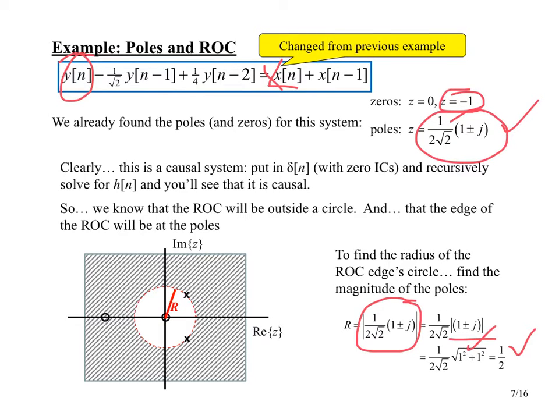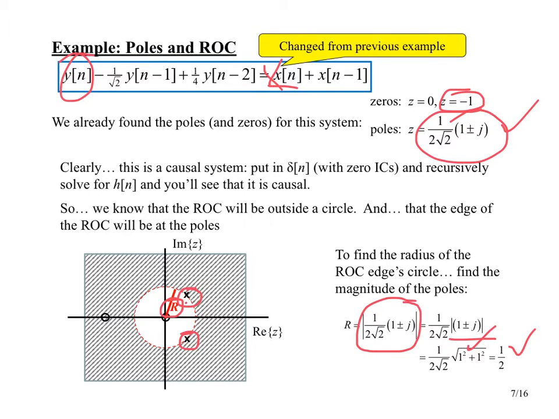So this would be a radius of 1/2, and those poles are right on that circle of radius 1/2, and the region of convergence is everything outside of that circle of radius 1/2, not including the actual circle of radius 1/2.